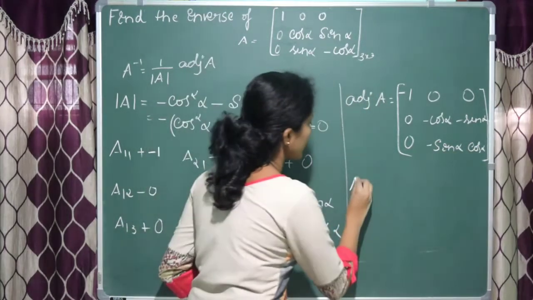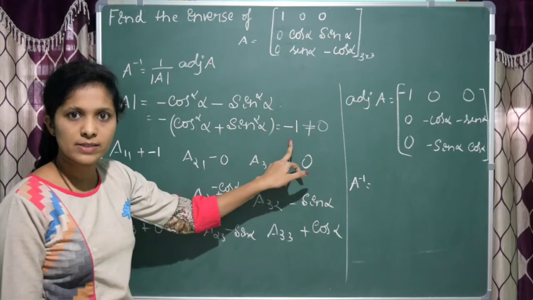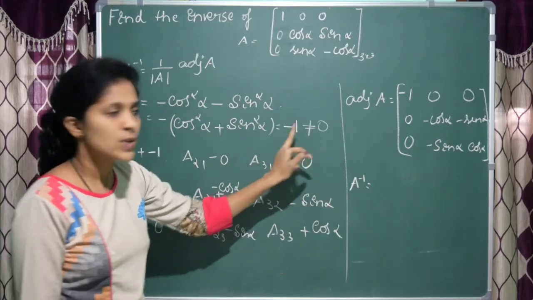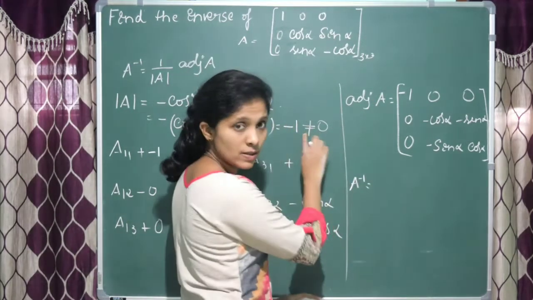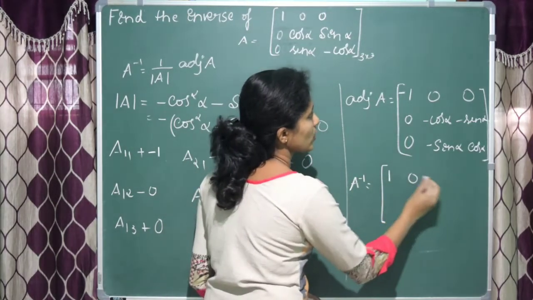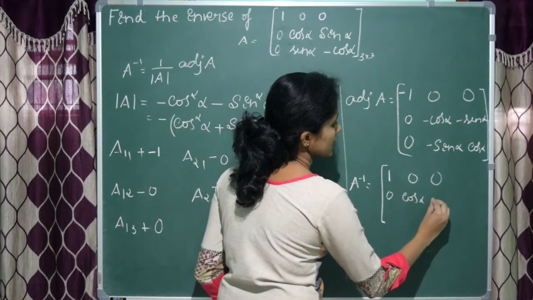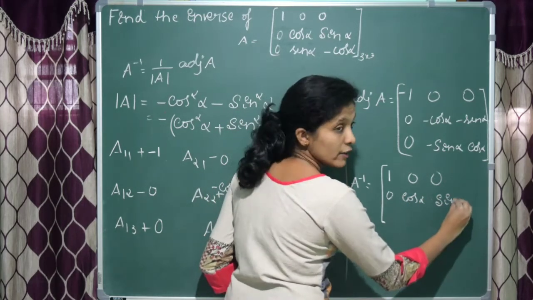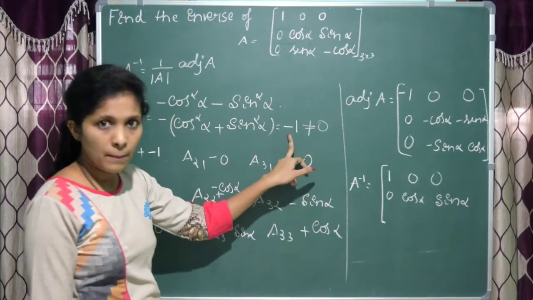You have to find A inverse. A inverse is 1 by determinant of A. Determinant of A is equal to minus 1, right? So we will multiply by the negative sign. Is it clear? Determinant of A is minus 1. So 1 by minus 1. So this is plus 1. 0, 0. So this will be 0. This will be cos alpha. This will be sin alpha. We are multiplying by the negative sign because determinant of A is equal to minus 1.